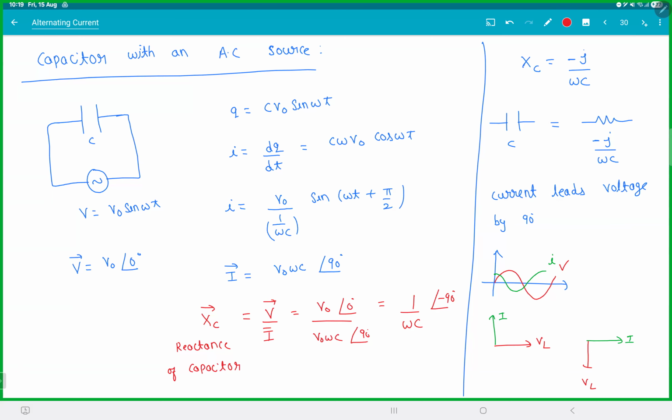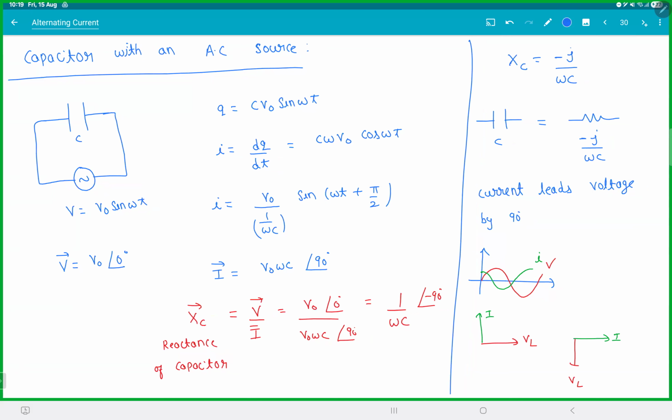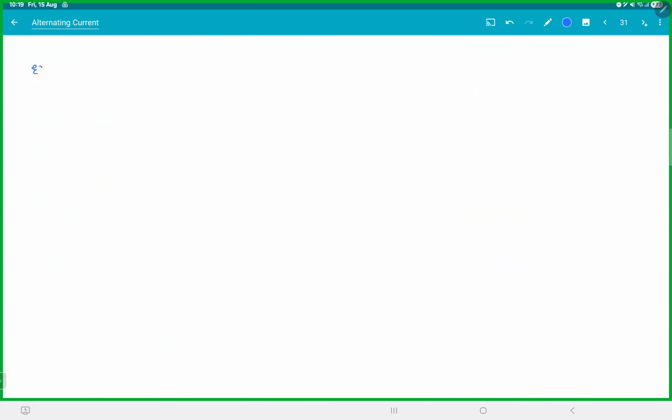Same story. Whatever you do with the inductor, you can do the same thing with the capacitor, only the formula is a little different. Let me show you an example. Let's say we have a capacitor, C is equal to 100 microfarad.